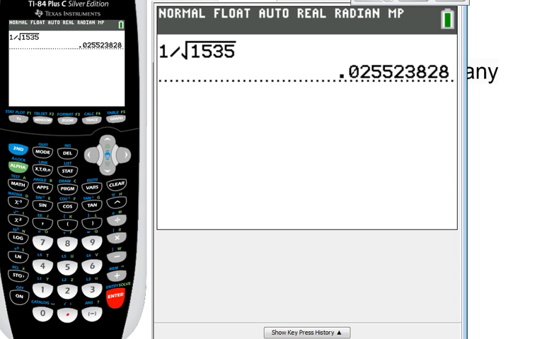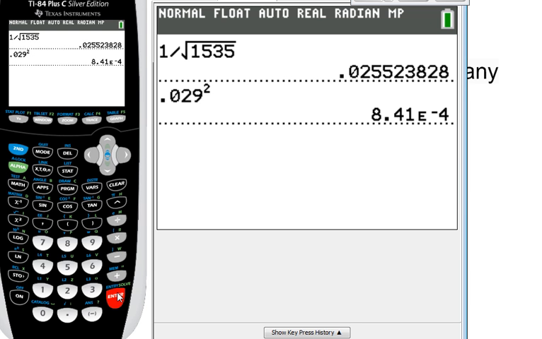Okay, so let's go back to our calculator for a second. I'm doing .029, and I need to square that. 8.41 e negative 4. Okay, so if I would move my decimal point 4 places, I had that .000841 that I was talking about.